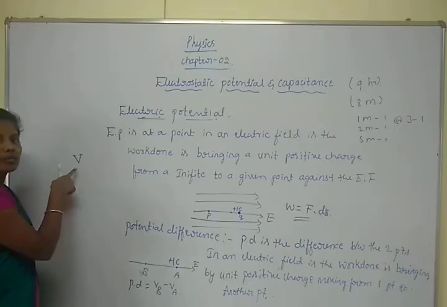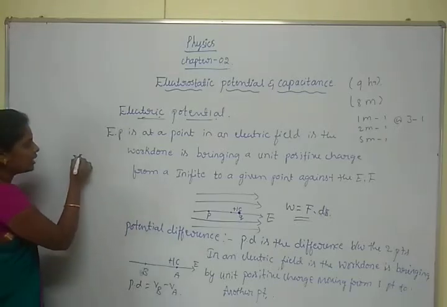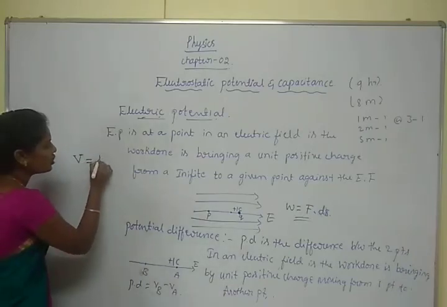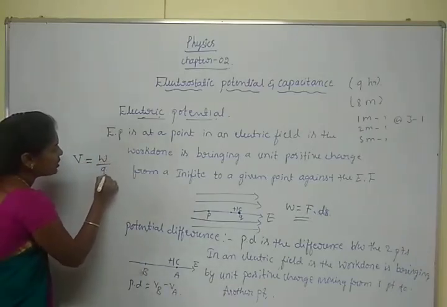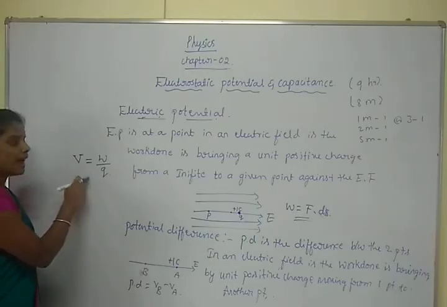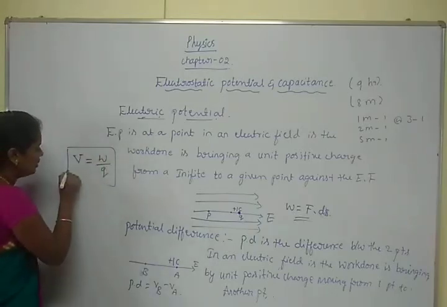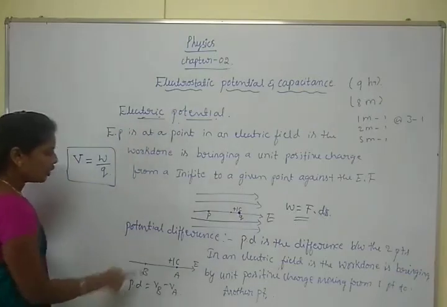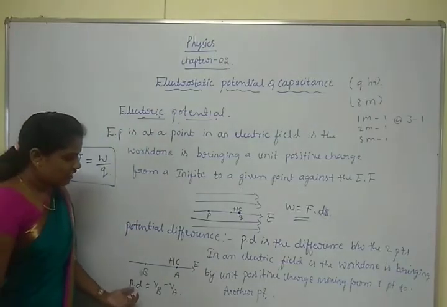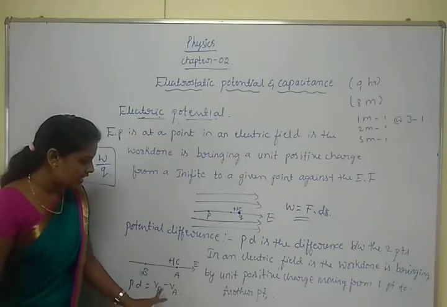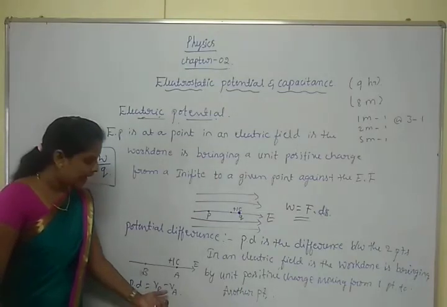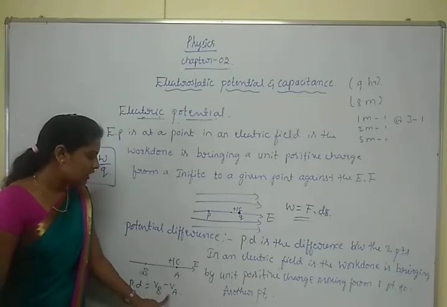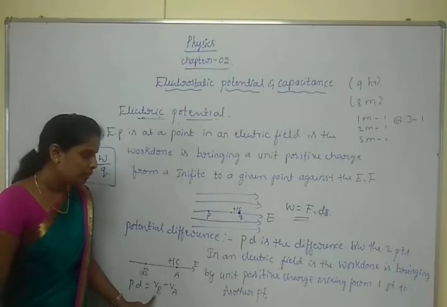Electric potential or potential difference is represented by a capital letter V. Then the potential difference is the difference between two points A and B, that is VB minus VA. Here VA and VB are the potentials with respect to points A and B.